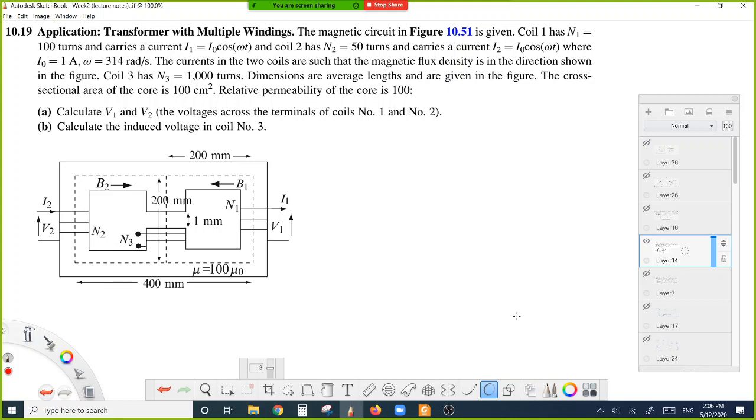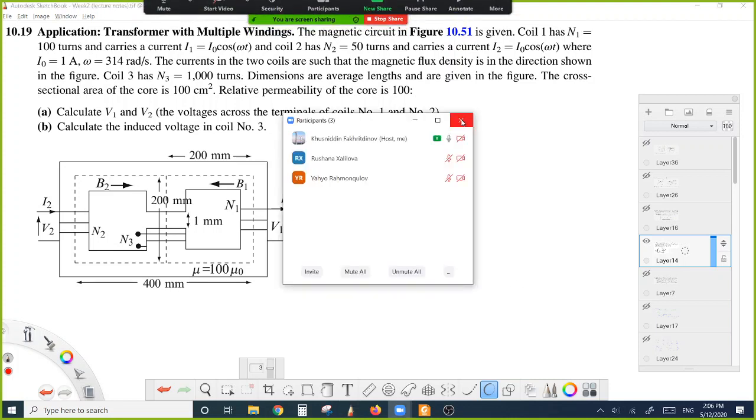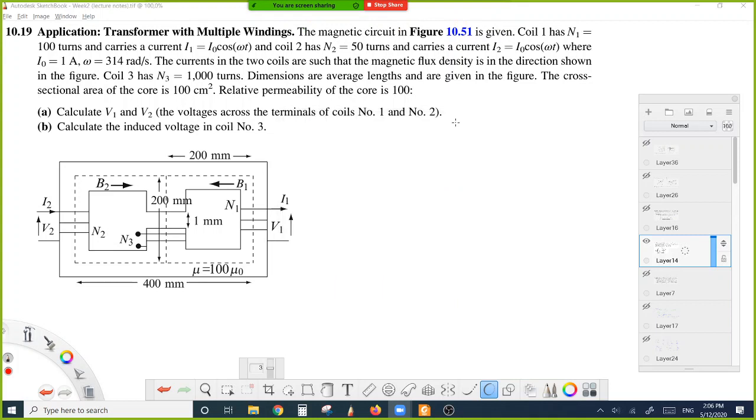Okay. Have you done this problem or not? Do you have questions, or maybe you didn't understand something in this problem? Have you solved this problem or not?